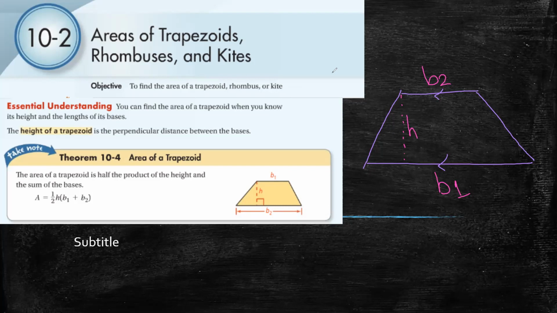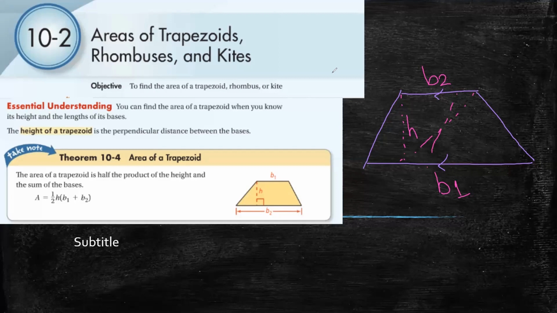This height is the length of the altitude that is between base 1 and base 2 and perpendicular on them. I cannot use this height as an example, or this height. Yes, they are segments, and they are connected between the two bases, but it must be perpendicular.